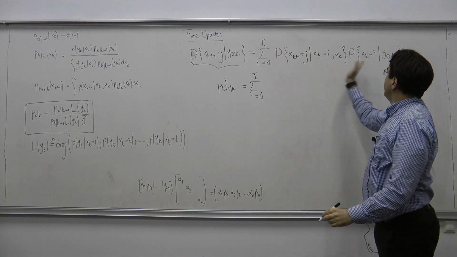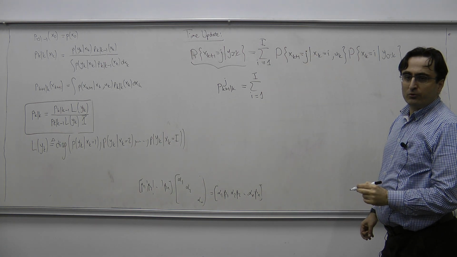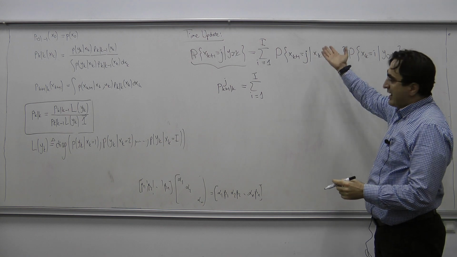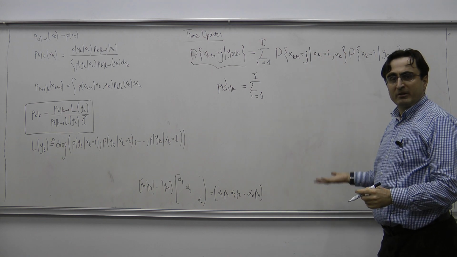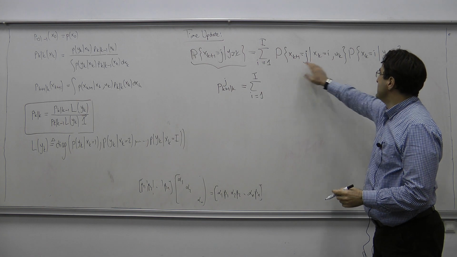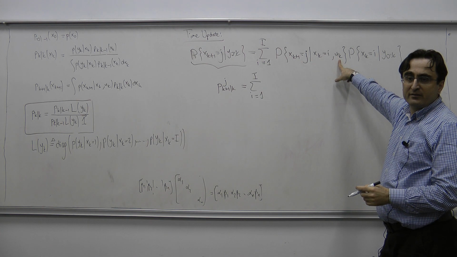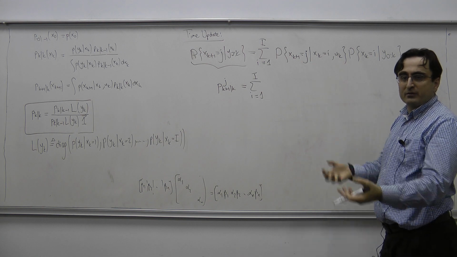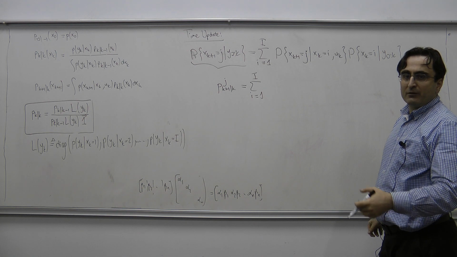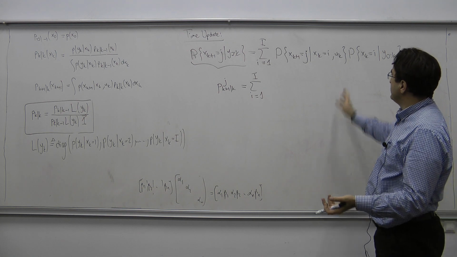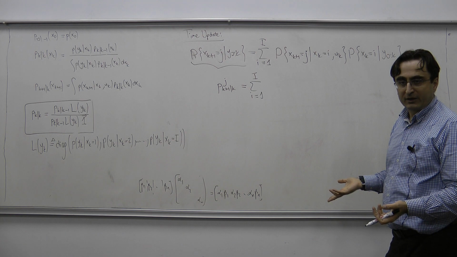And what is then this transition distribution? This is the element of the transition probability matrix of the Markov chain when u_k is given to us. There might be different input values, and for each different input value, we have another probability transition matrix. Okay?